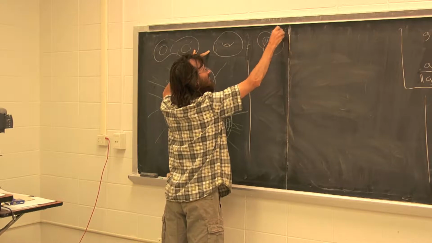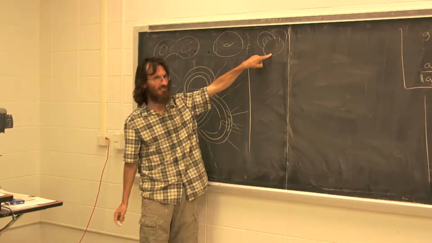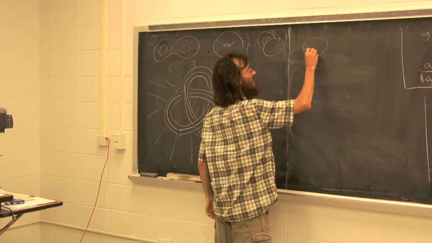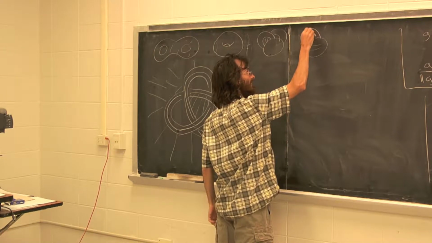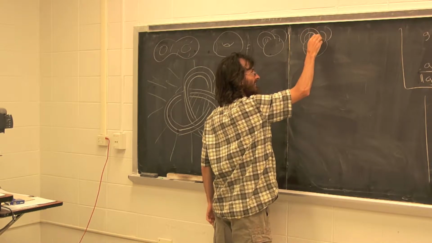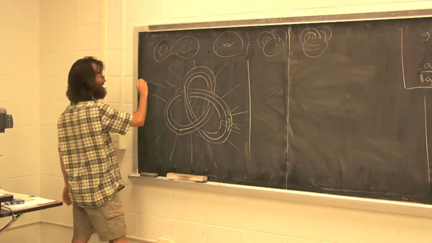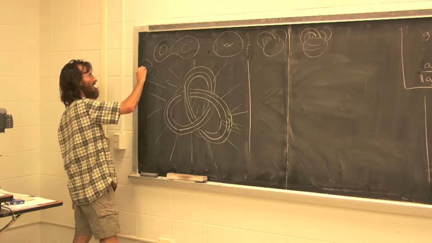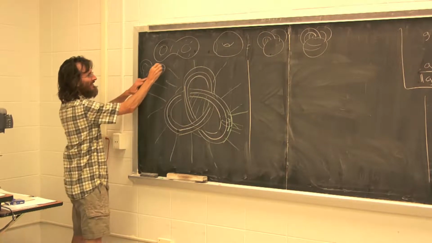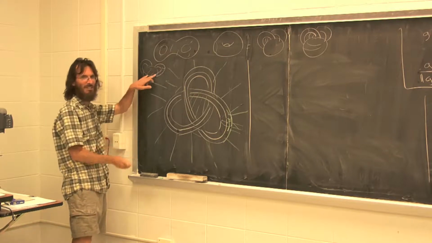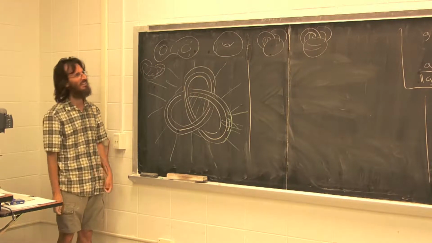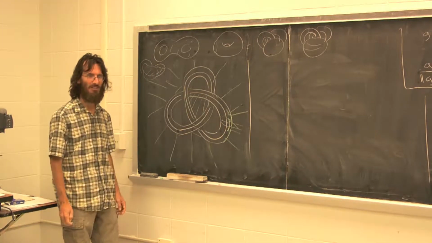Once you cross this with an interval, it's just a ball with two one-handles attached. And this is a ball too; cross with the interval, it's a ball with two one-handles attached. Whether they're attached this way or that way, in 3 dimensions it doesn't matter how the feet are attached.